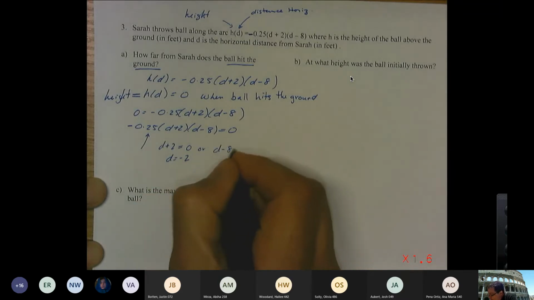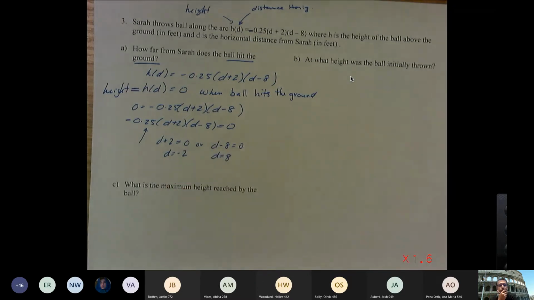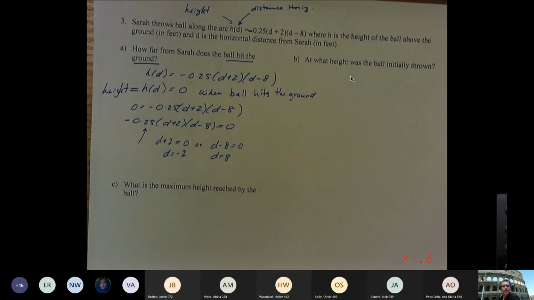Or if d equals 8, this equals 0. So the question has been answered. How far from Sarah does the ball hit the ground? Now I have two answers here, -2 and 8.